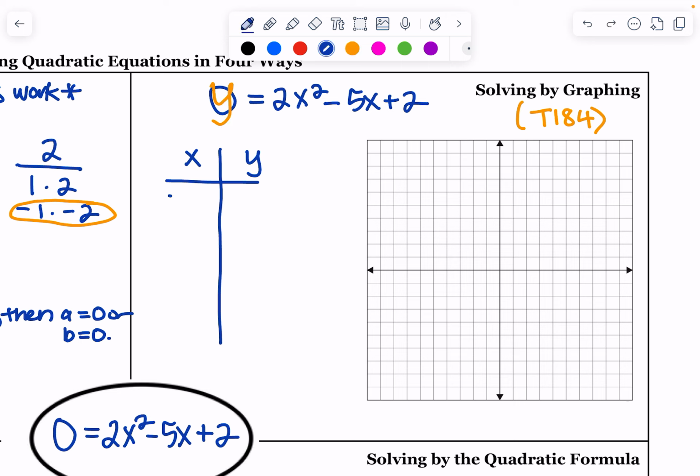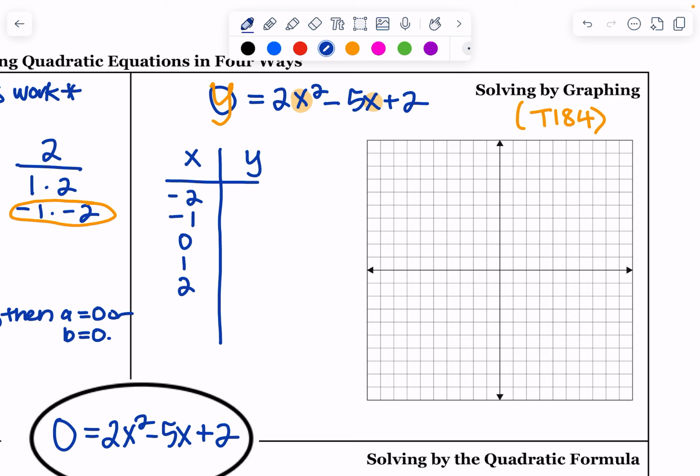To start, we're going to go from negative 2 to 2, and then see if we need to add more numbers. We're going to be plugging in our x's into both of these places and writing down what we get for y.